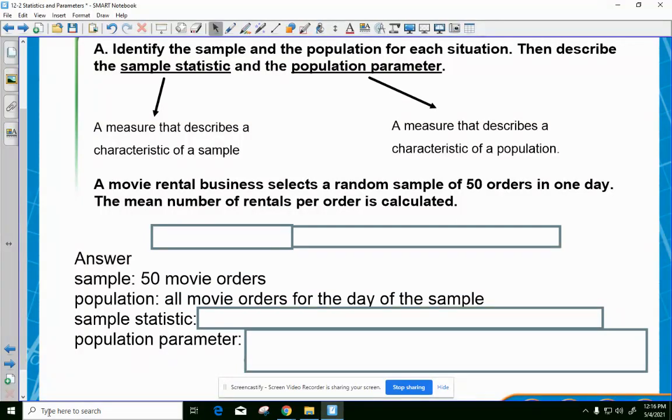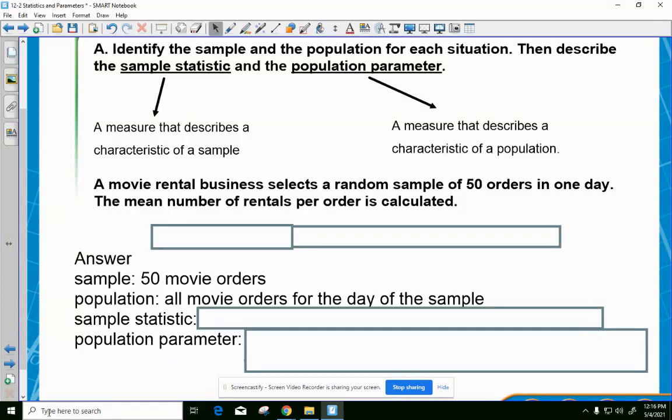If they pulled the sample of 50, where did they pull it from? They pulled it from what they did that day. Does that make sense? Now, a sample statistic is going to fall right in line with your sample. As you look at your homework, I put them side by side: sample and sample statistic are side by side, and population and population parameter are side by side.